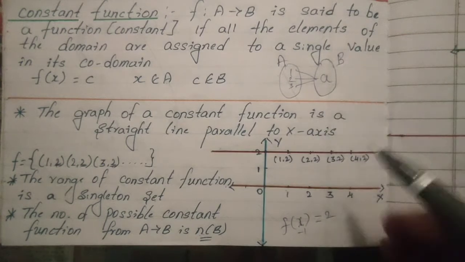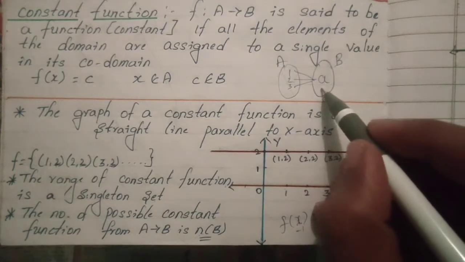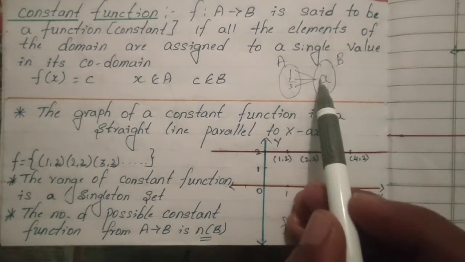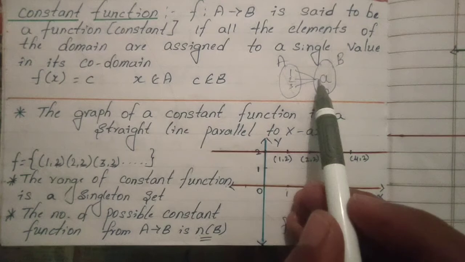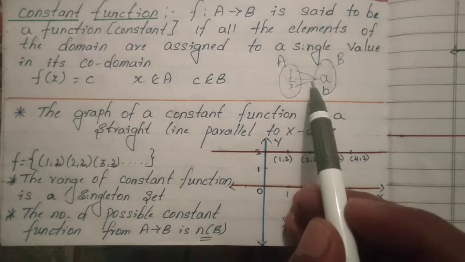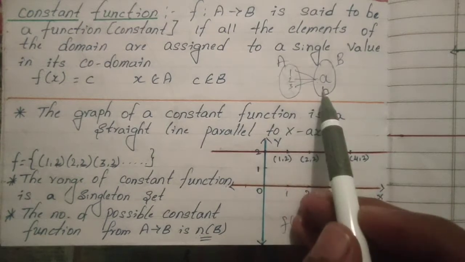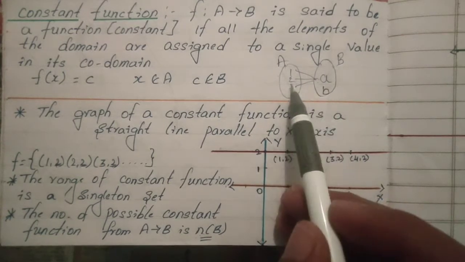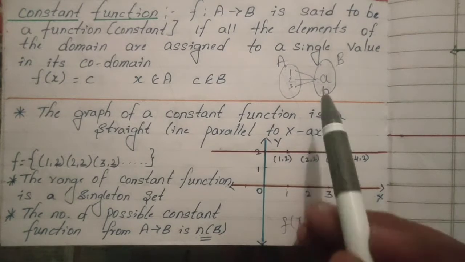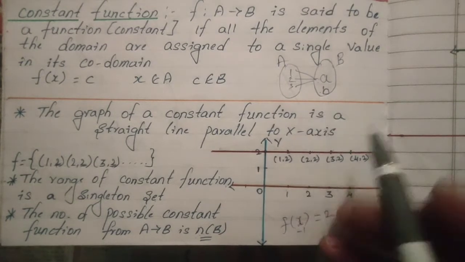Only one. Suppose one more element is there. 1 can relate with A, 2 can relate with A, 3 can relate with A, that is one function. Or 1 can relate with B, 2 can relate with B, and 3 can relate with B, that is another function. That is also constant.